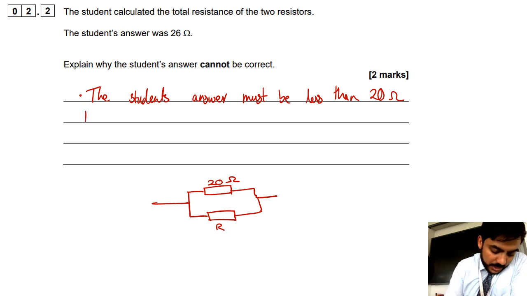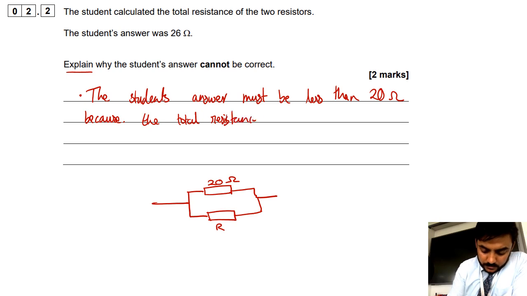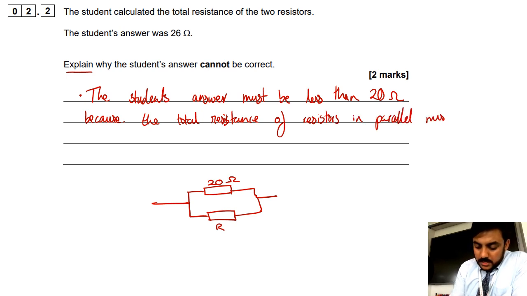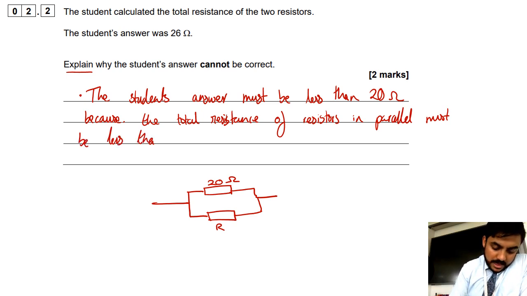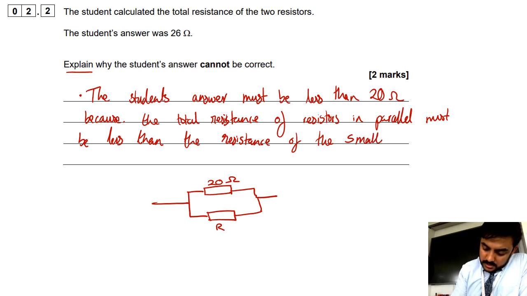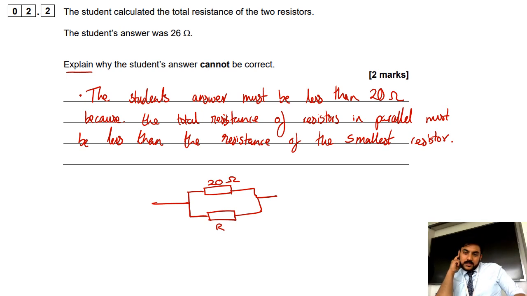Now why? Because, remember it's an explain question, because the total resistance of resistors in parallel must be less than the resistance of the smallest resistor. Okay, let's imagine why that is.